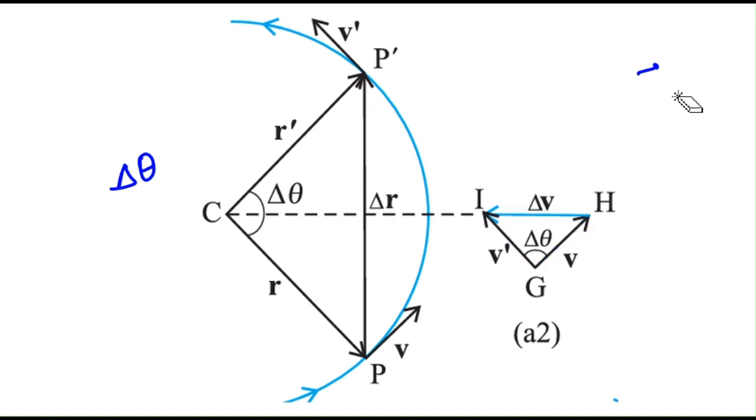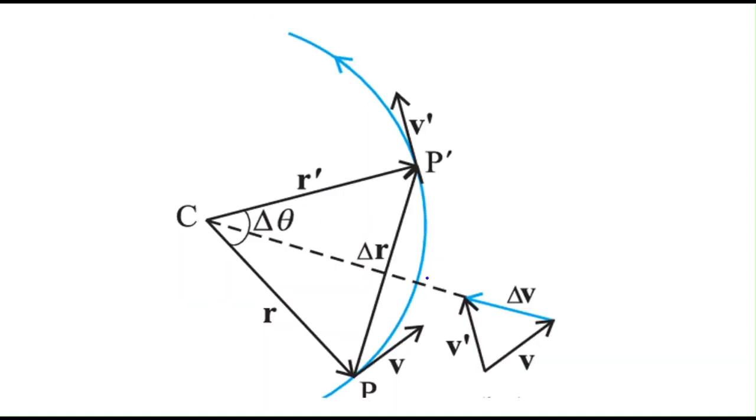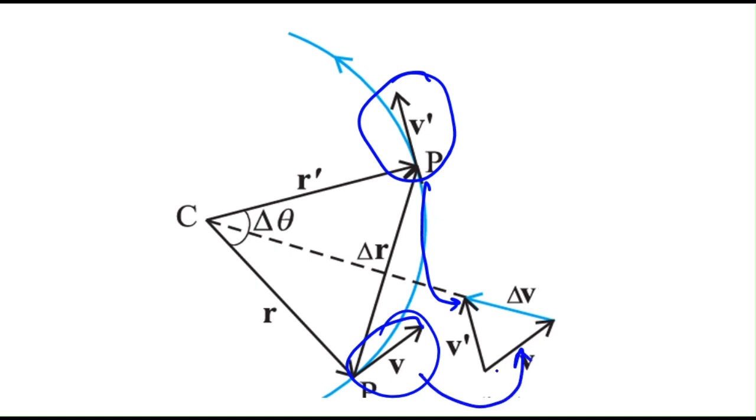So we have the change in velocity vector now, and we can see very clearly here that this delta V vector is directed along the center. We can take another diagram for example purposes. Let's take this diagram. This vector V prime is being translated, and this vector V is being translated here. So again, after moving these two vectors, we have delta V here, and this delta V is directed towards the center.